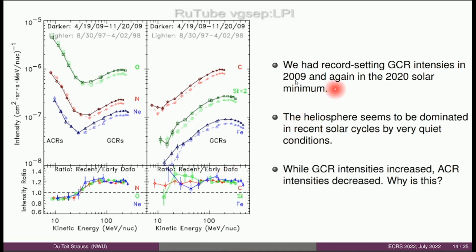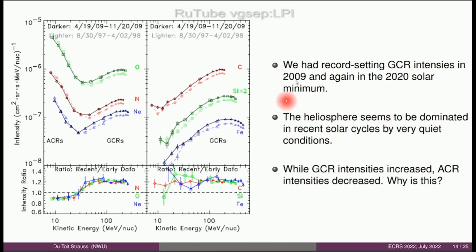It has been studied for a while why this is the case, but it seems as if recent solar cycles, from 2009 up to present, are for some reason a lot more quiet than the earlier solar cycles, which is probably due to the sun going into a much quieter phase. The much quieter sun influences the particles by producing less turbulence. If you have less turbulence, you have less scattering, and the particle intensities change accordingly.